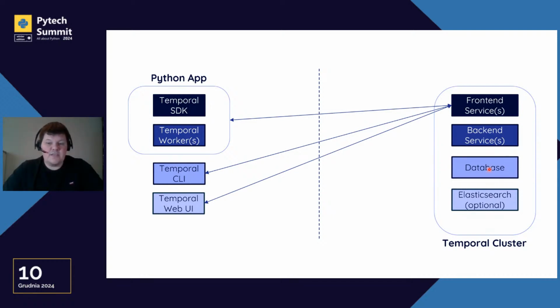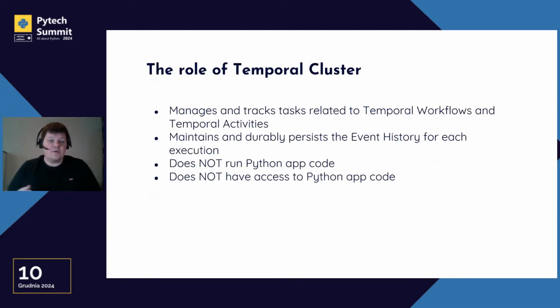And the database in this case can be Apache Cassandra, PostgreSQL, MySQL, SQLite even. So the role of the Temporal cluster. First one, manage and track tasks related to Temporal workflows and Temporal activities. And no worries, we will talk today about Temporal workflows and Temporal activities.